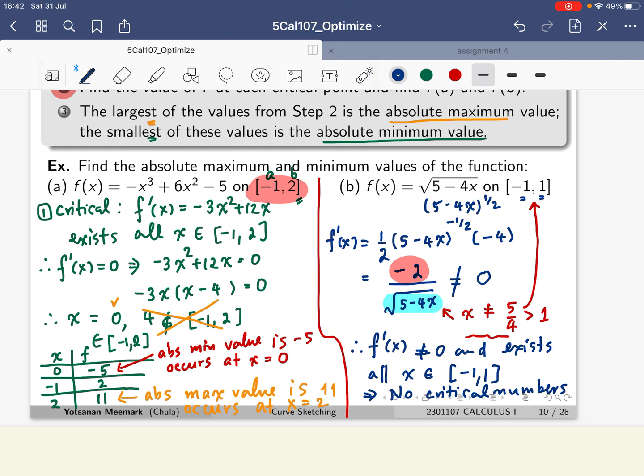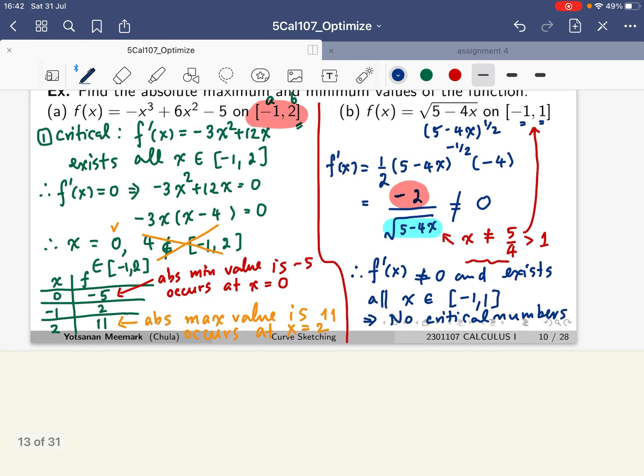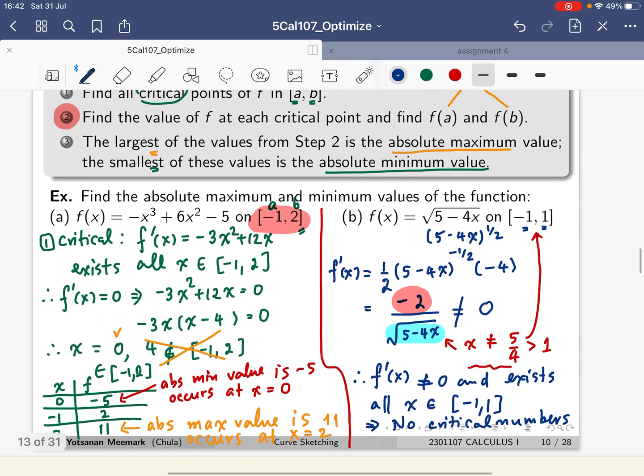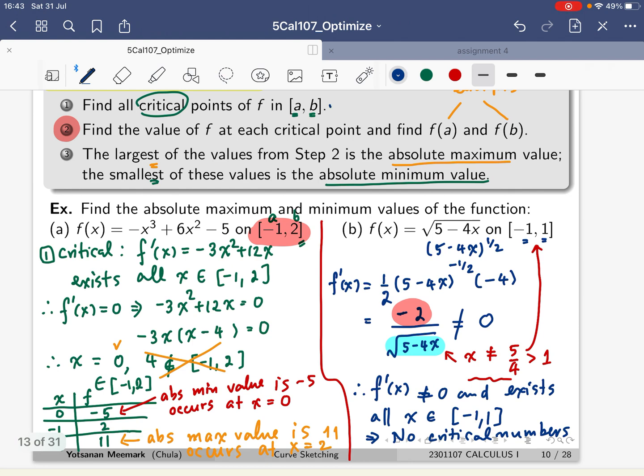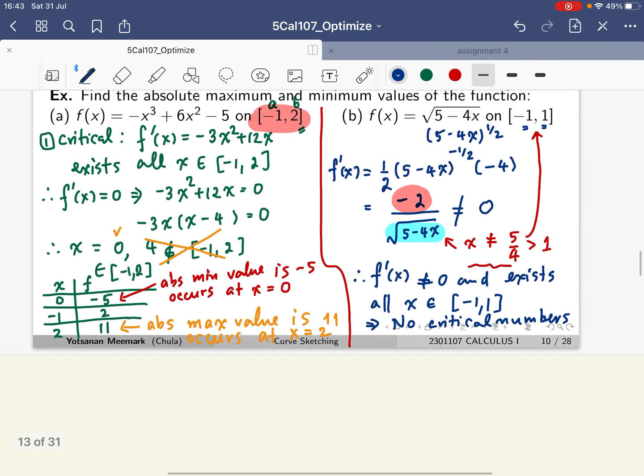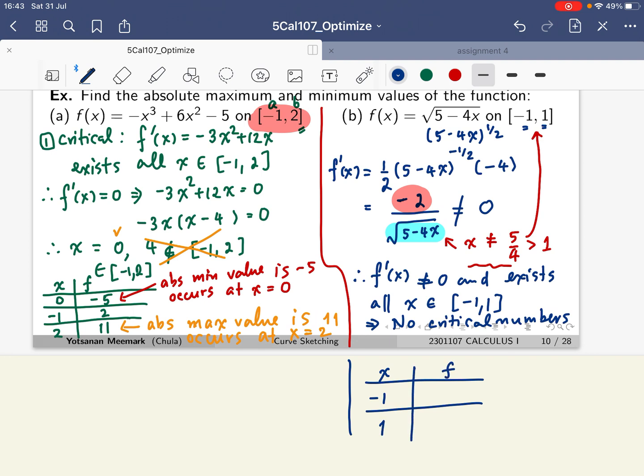However, can we find the maximum and the minimum? Don't worry, if there is a critical number, you just find the value of that critical number and compare with the two endpoints. If there's no critical number, you're just comparing the two endpoints. So you just compare at the points -1 and 1, looking at the function value at those two points.